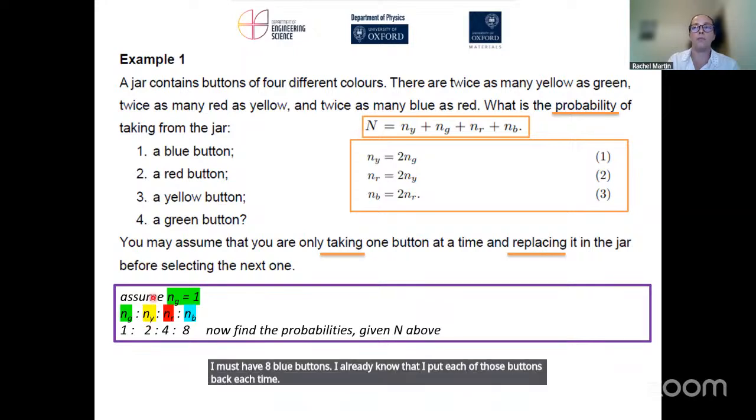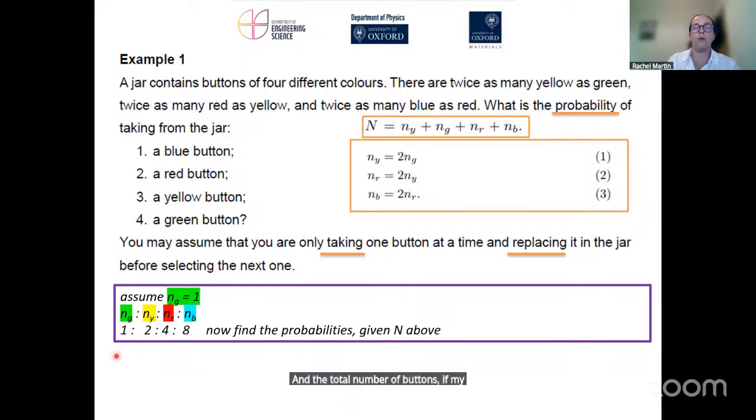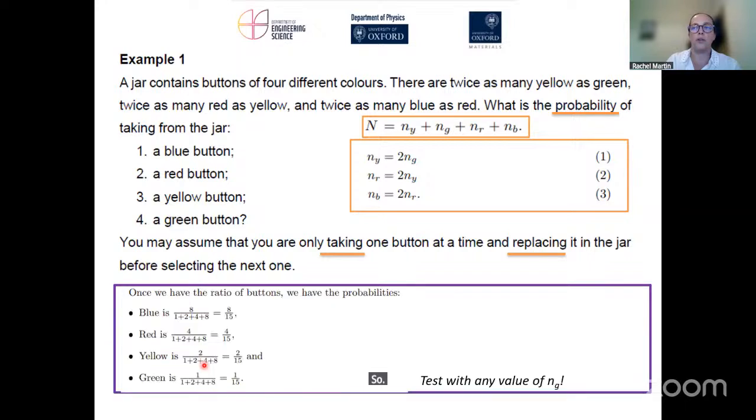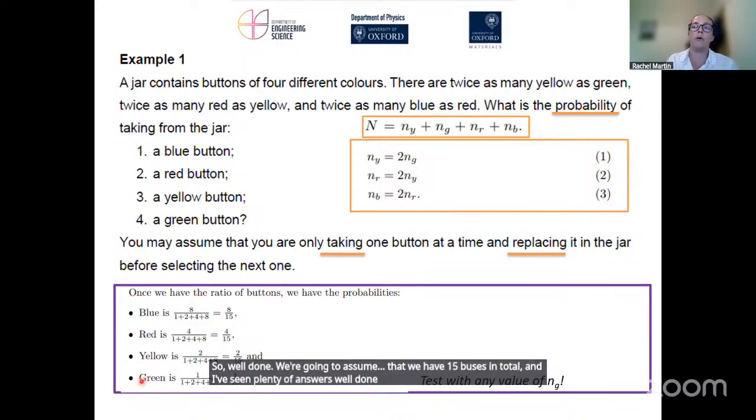I already know that I put each of those buttons back each time. And the total number of buttons, if my assumption that I have one green button is going to work for this proof, is that if I add all of those together, that will be my total number of buttons. So well done. We're going to assume that we have 15 buttons in total, and I've seen plenty of answers, well done, that the probability of getting a green button out of the jar is 1 in 15, all the way up to getting blue.